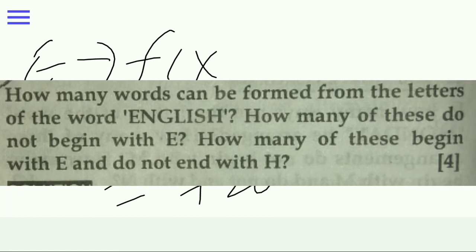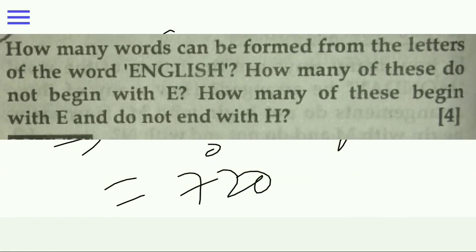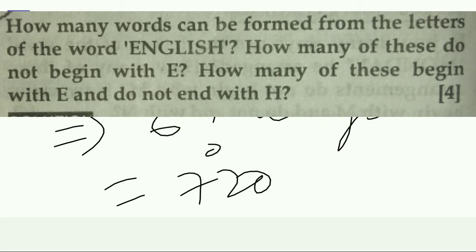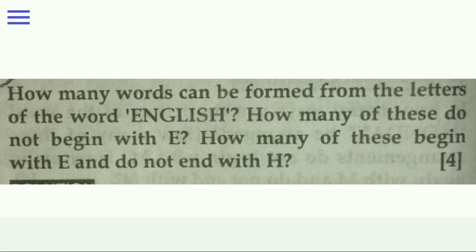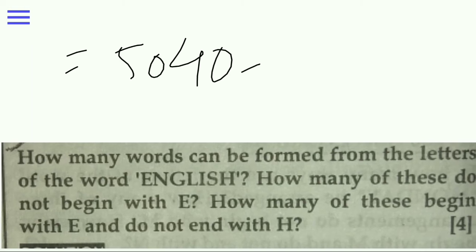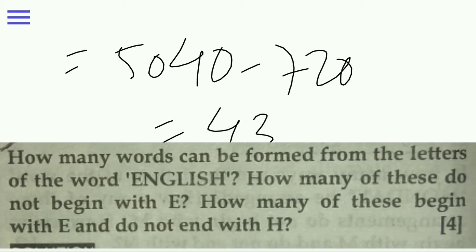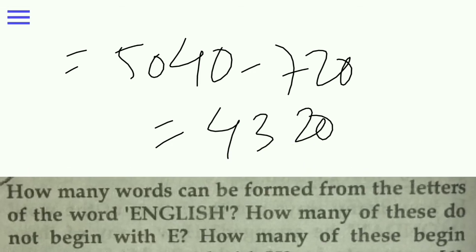Here we have to calculate how many do not begin with E. So the number of arrangements that do not begin with E equals 5040 minus 720. So we'll get 4320.